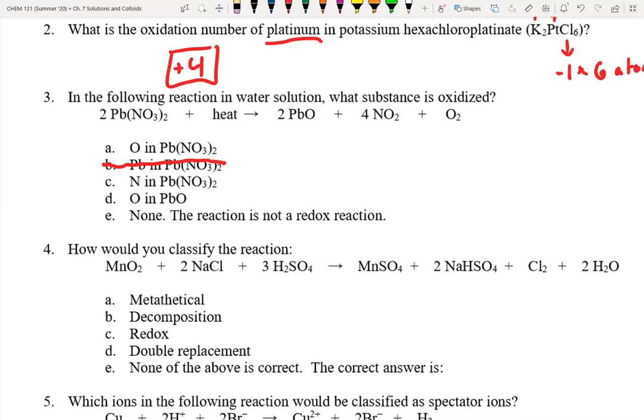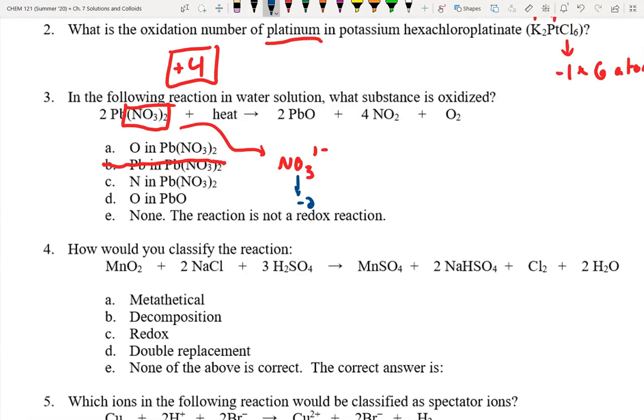In order to do this, I'm going to look at NO3 over here. We've got NO3, and we said that NO3 has a charge of 1-. So we're just going to focus in on that polyatomic ion. If we think about oxygen, oxygen always has a charge of -2, right?